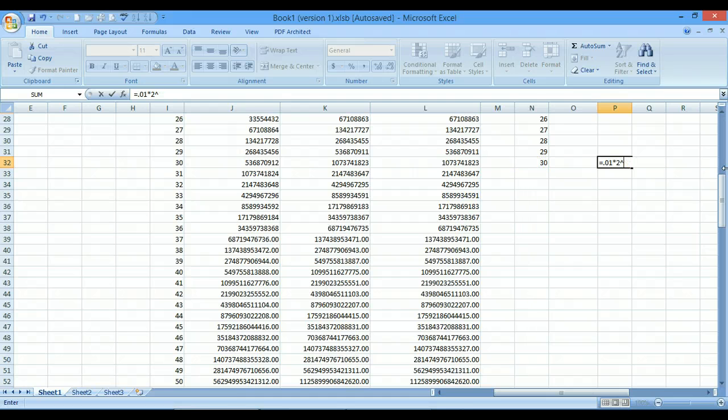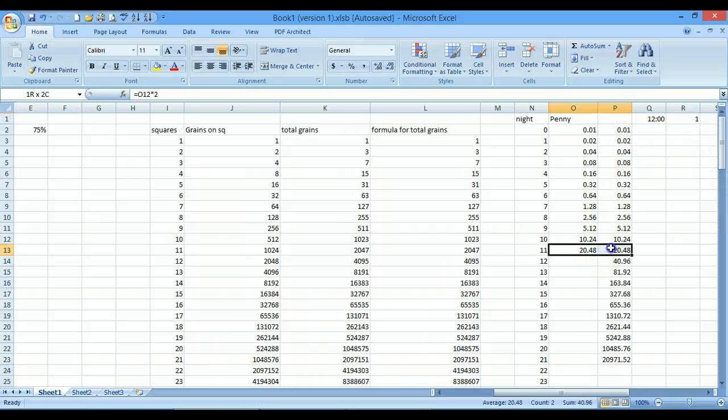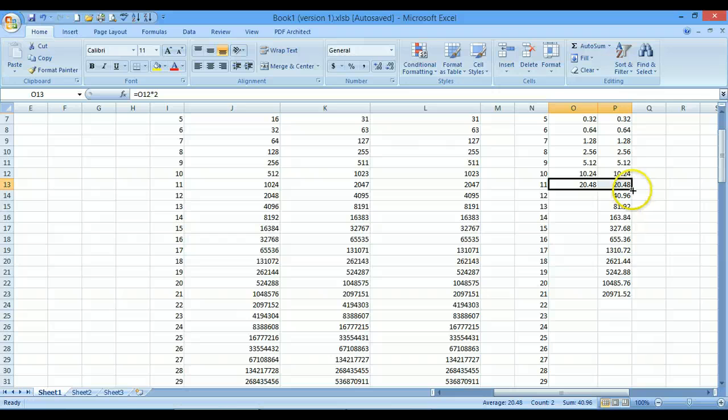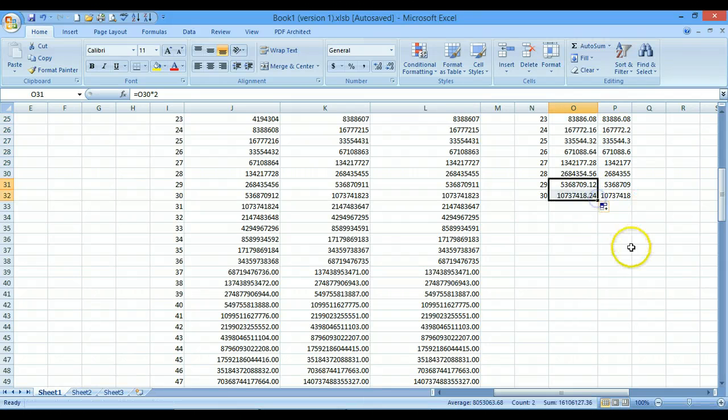I can highlight it or I can type it in and have it calculate it as a calculator. Either way will give me a large number. We'll come down and just try this again. Let's highlight both of these, pulling them down, left click, pull, and you'll see in this case it should give us the same number.